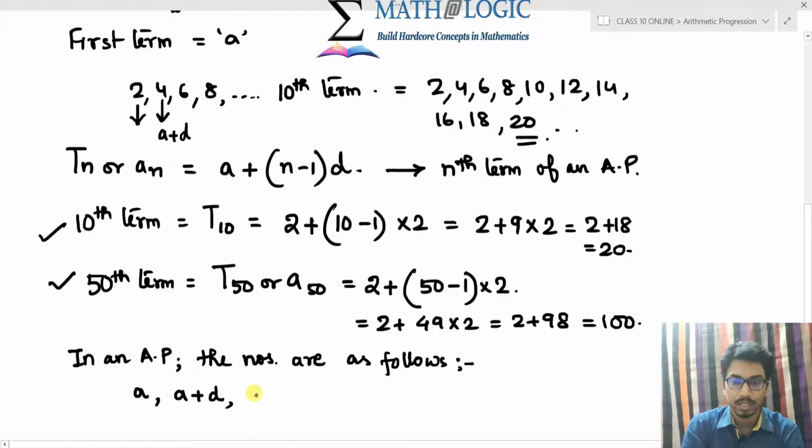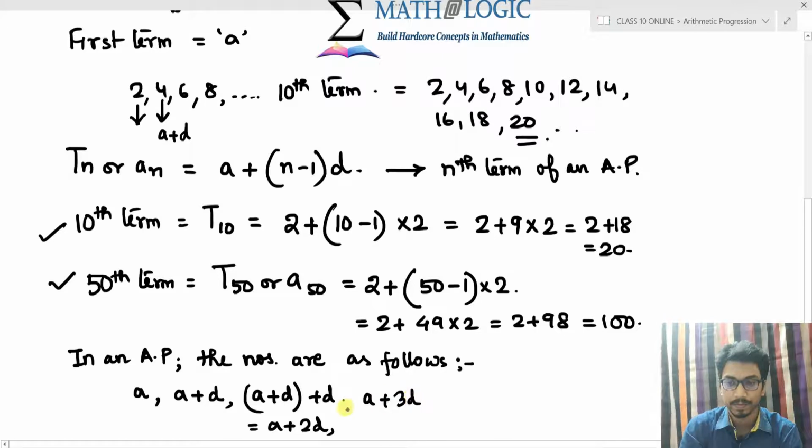So in the third term, A plus D plus D. Obviously, with this number, the common difference is to be added. So which becomes what? A plus 2D. So what will be the fourth term? A plus 3D. What will be the fifth term?